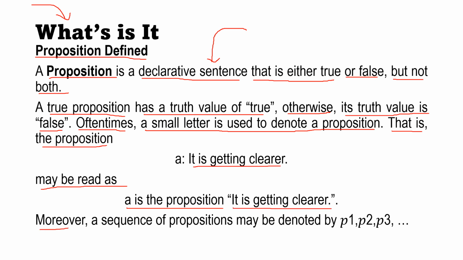Moreover, a sequence of propositions may be denoted by P sub 1, and P sub 2 and P sub 3 and so on, up to the last member of that sequence. There's a typographical error here. So that's how we deal with propositions.